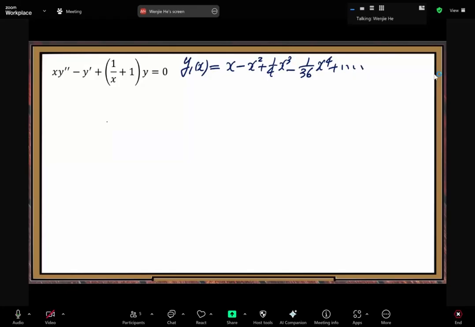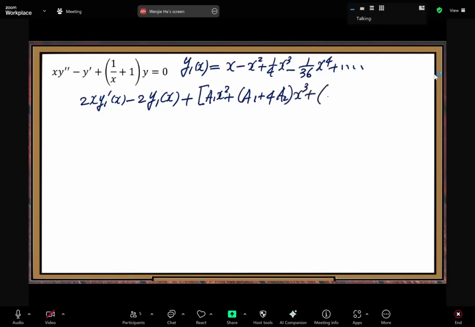And we also have this: 2x y1 prime of x minus 2 y1 of x plus A1 x squared plus A1 plus 4 A2 x cubed plus 9 capital A3 x to the 4th, equals 0. All right.